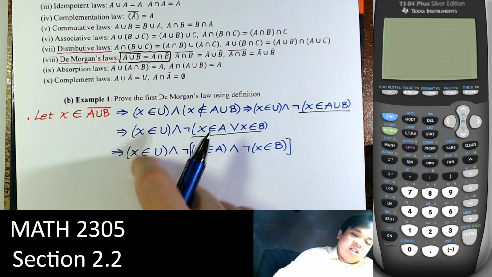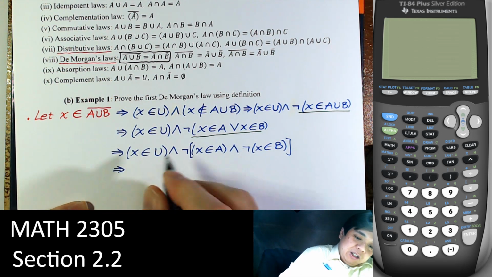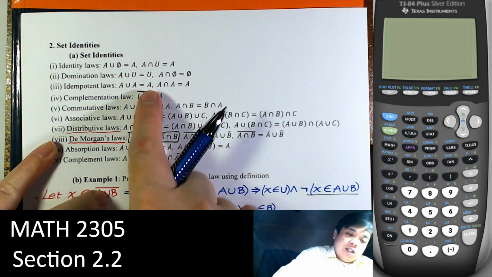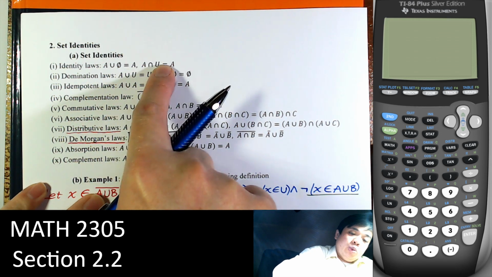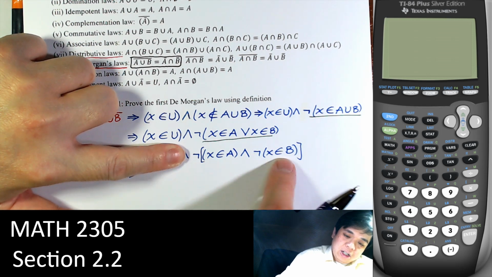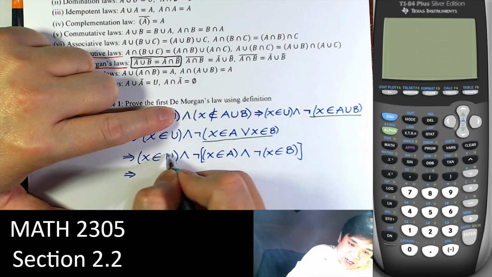We really don't need the universal set here, because the intersection with the universal set is the set itself, so we can just cancel that.